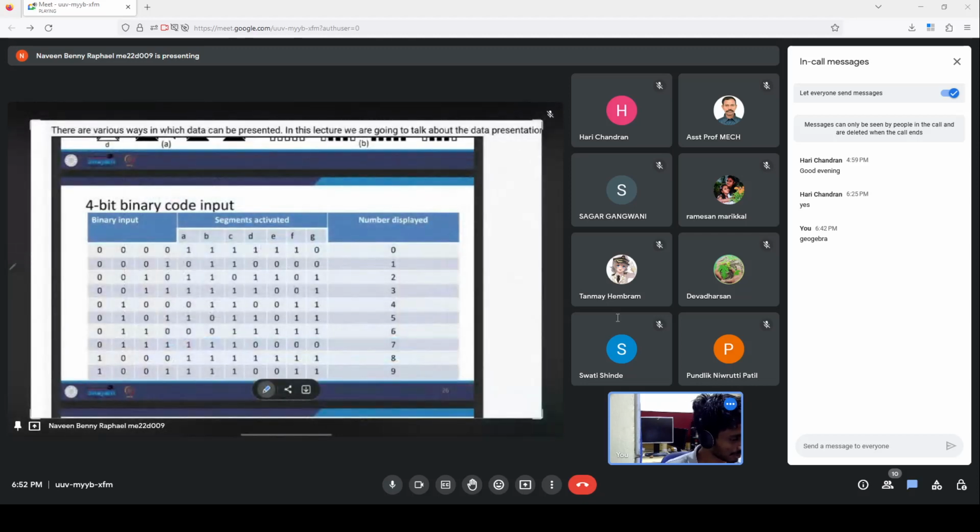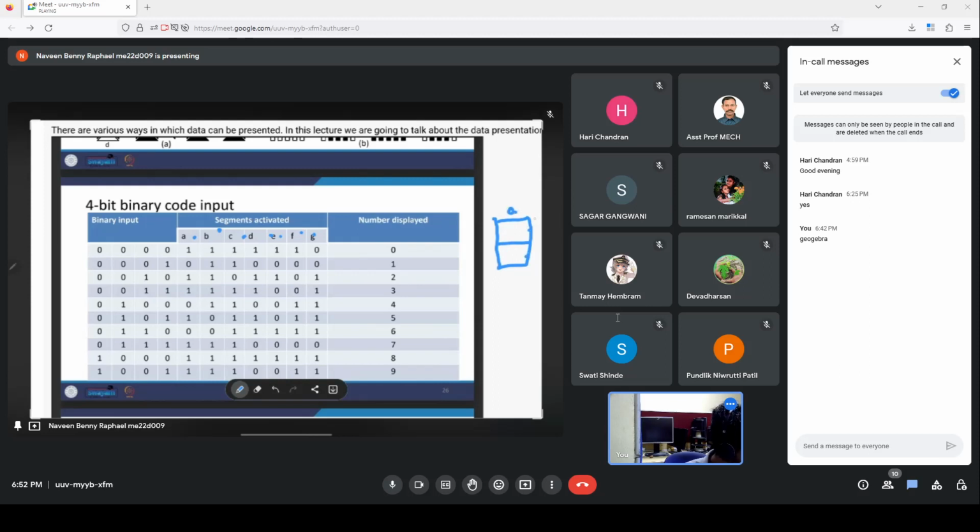In the segments, these are 1, 2, 3, 4, 5, 6, 7, yeah, 7 segments. For 0, all the segments will be lit except the middle one. For 1, only these two segments will be highlighted.